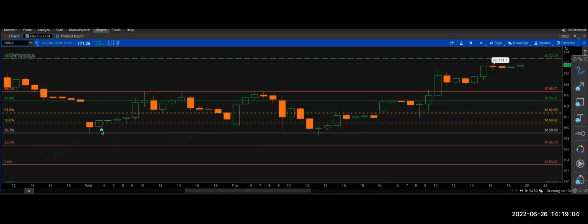Basically, you see right here, support. This is the 38.2. This is like one of the golden ratios, golden means. Stock always has to revert back to this level. At some particular point in the stock cycle, it's got to revert back. It's called a mean reversion.